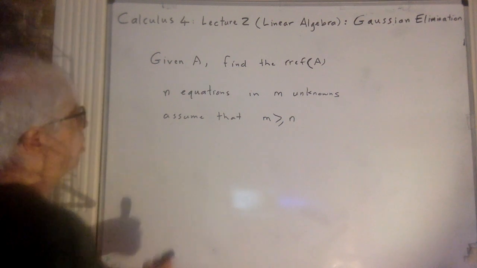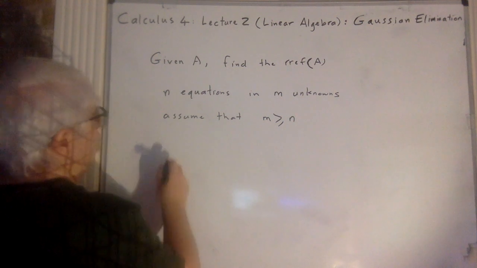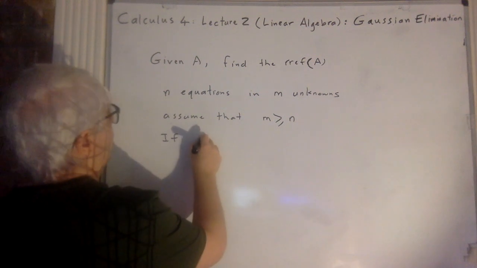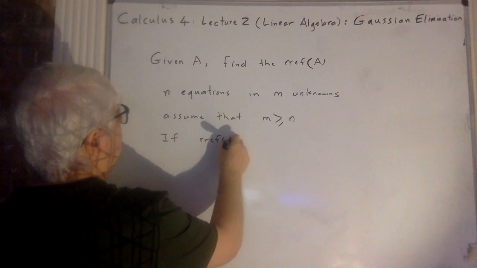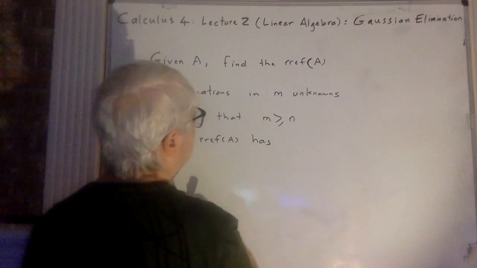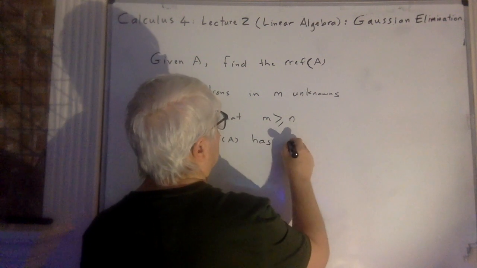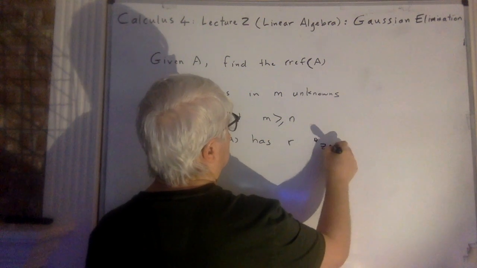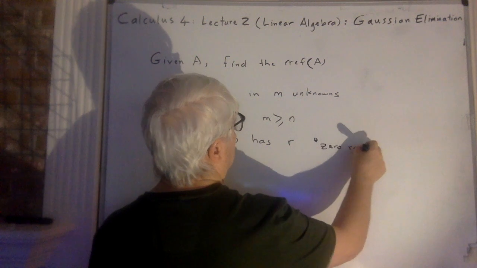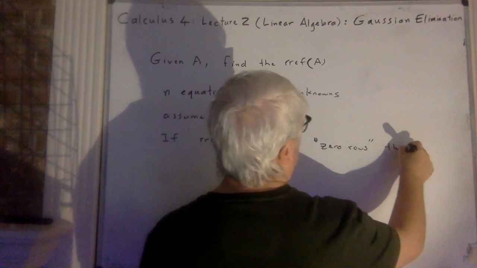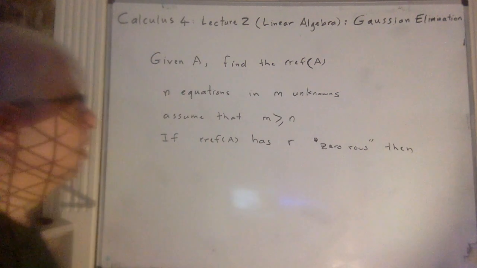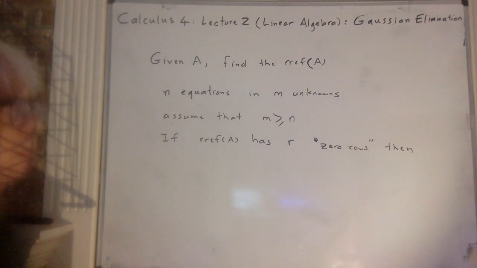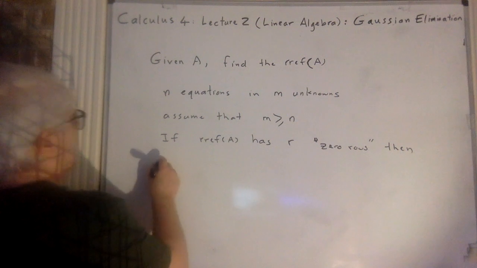When you do the RREF, you might come up with, if the RREF of A has r zero rows, then if it has r zero rows, how many free variables do I need?